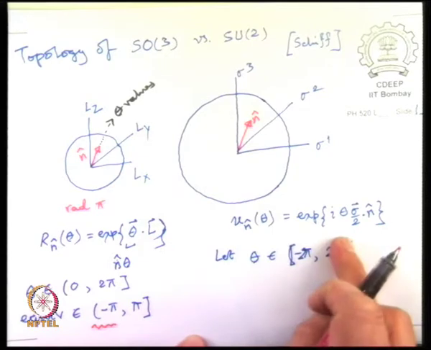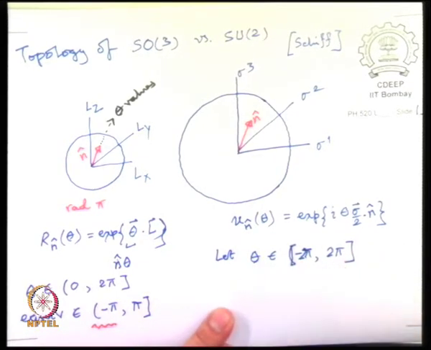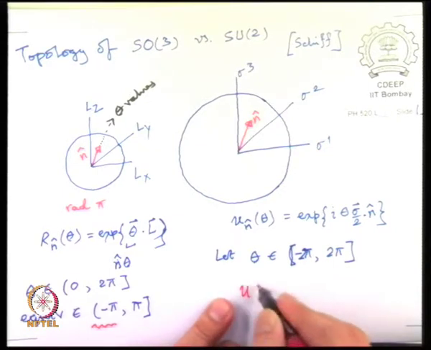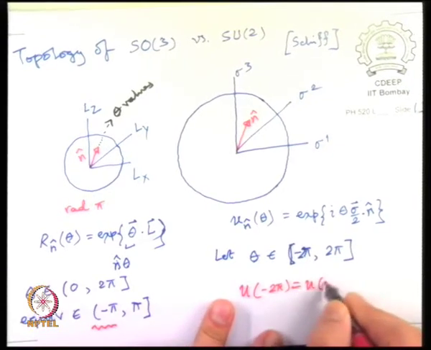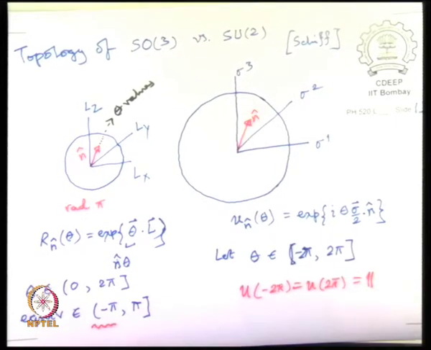But as far as SU2 is concerned, both minus 2 pi and plus 2 pi give the same element. So, there is no ambiguity.